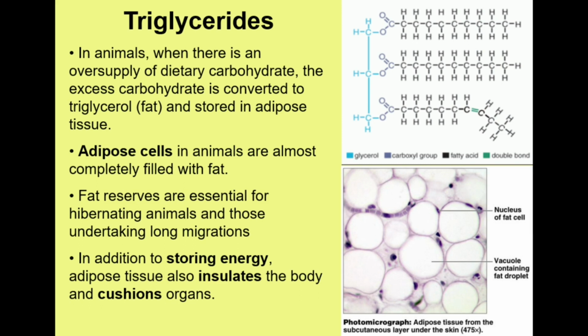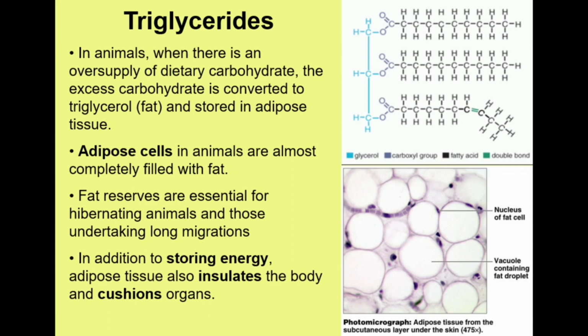It would be completely impossible for those whales to survive in that water for very long at all without a serious amount of insulation. That insulation we know of as blubber, and that blubber is essentially this adipose tissue that's made up of triglycerides.